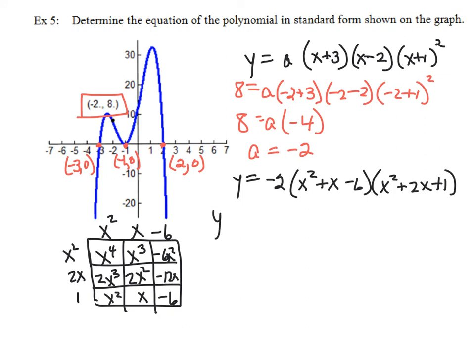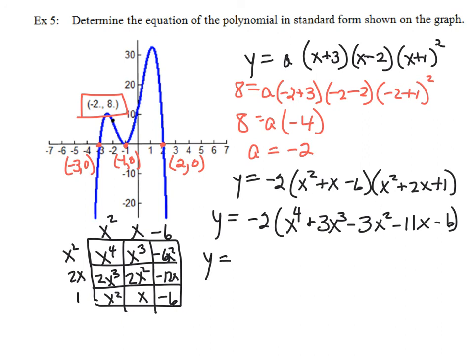So putting together all my like terms, I now have -2 times x to the 4th plus 3x cubed minus 3x squared minus 11x minus 6.